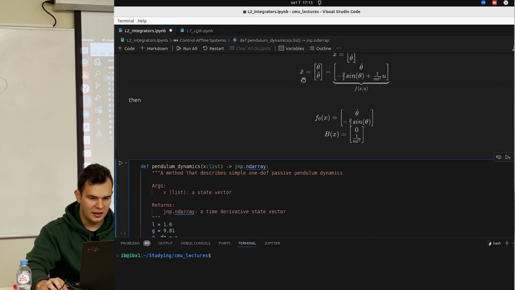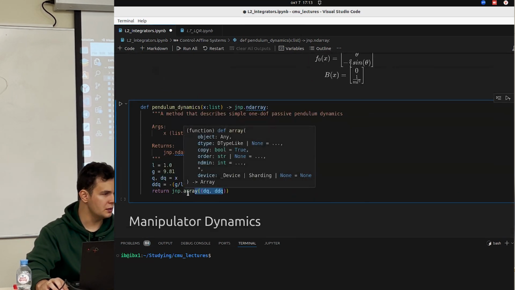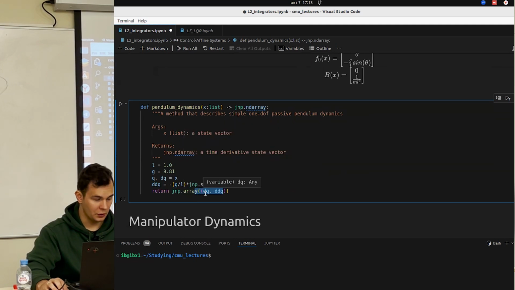Look, x dot is a vector of the velocity and acceleration, and here it returns an array of velocity and acceleration. Velocity is something that we provide inside, it is like a state, and acceleration is something that we compute using our model. So basically, this is our model.